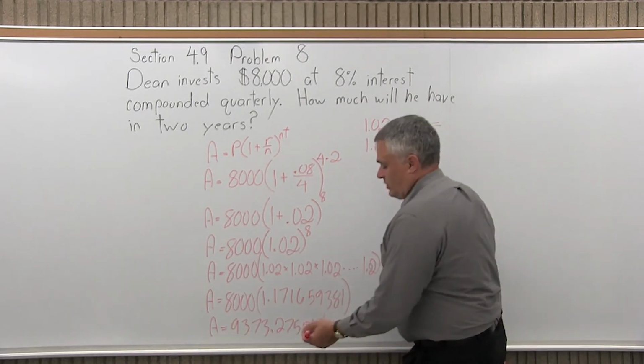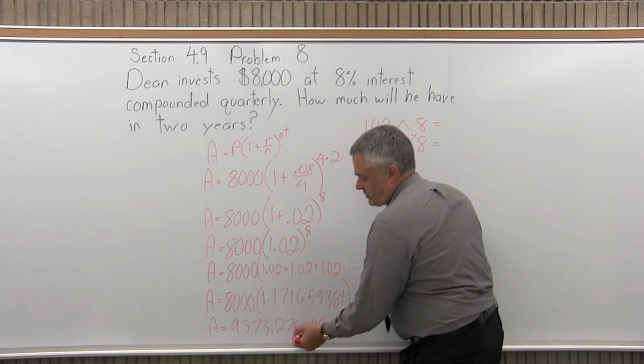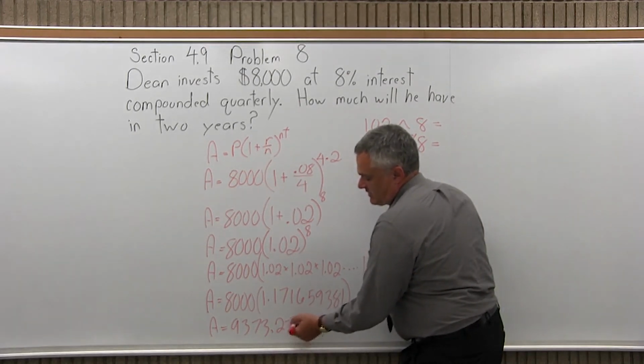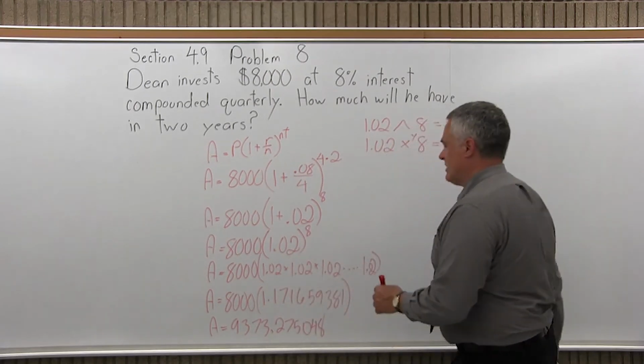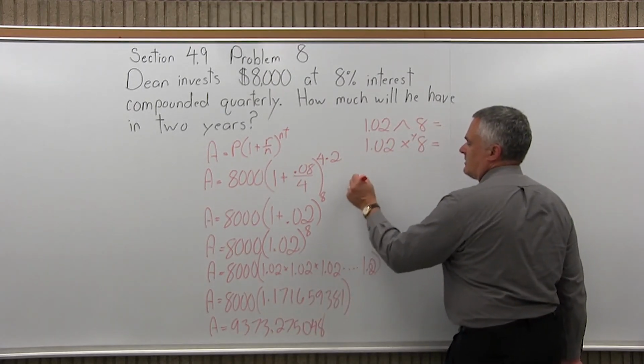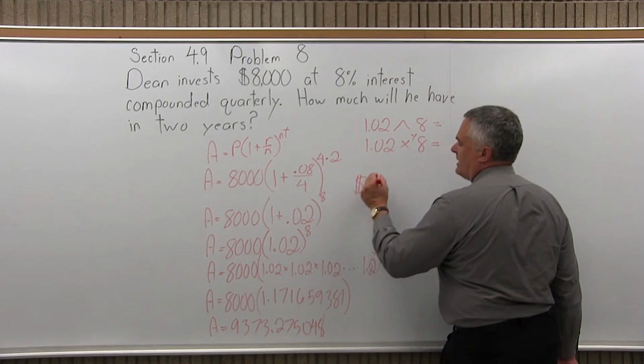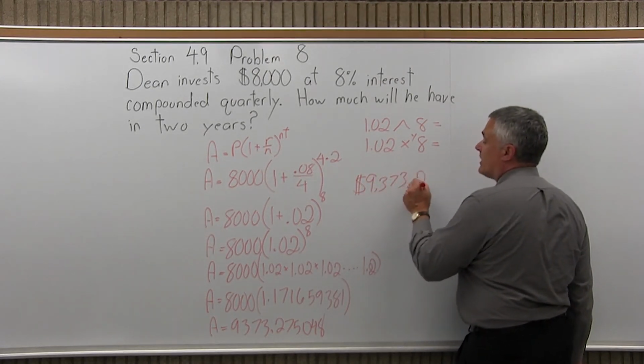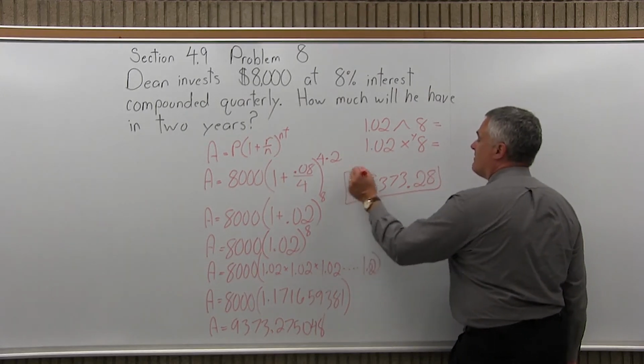So look one position further to the right. It's a 5. That's big enough to make this 28 cents. If it was 4, 3, 2, 1, 0, you just chop it at 27 cents. 5, 6, 7, 8, 9, you bump it up to 28 cents and then chop the rest. So the final answer, and since it's money we'll use a dollar symbol, is $9,373.28.